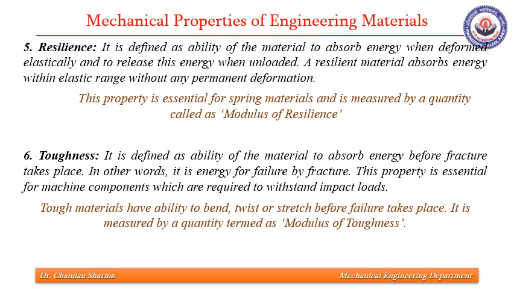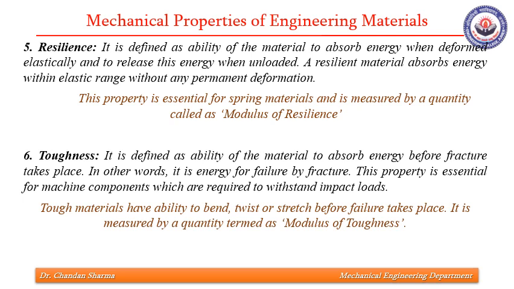Then there is toughness, which is the ability of the material to absorb energy without fracture. In other words, it is the energy for failure by fracture. This property is essential for machine components which are required to withstand impact shocks. Just imagine if a component is being subjected to impact loading and it fails to take that load and gets fractured.